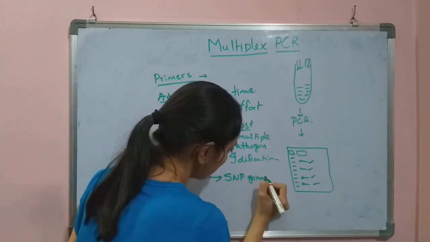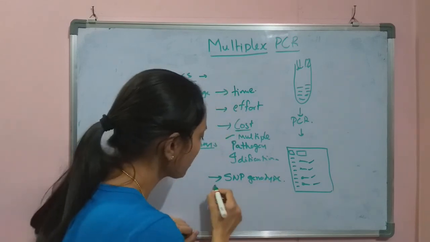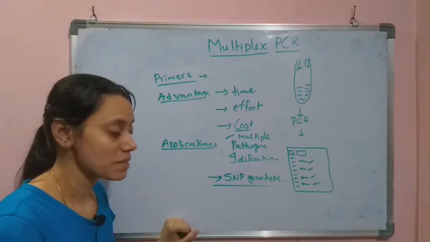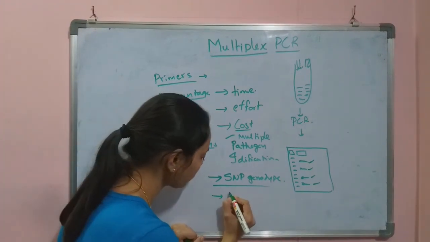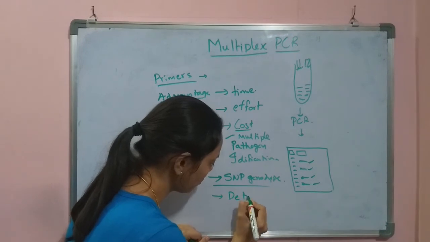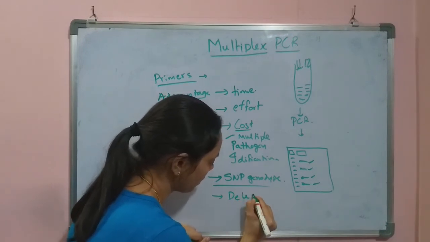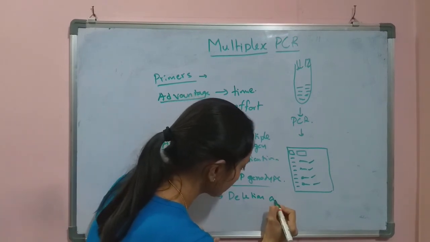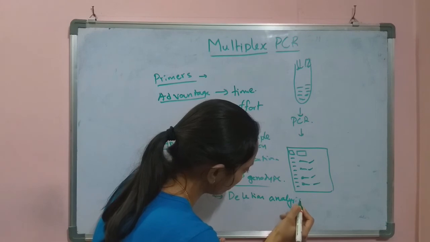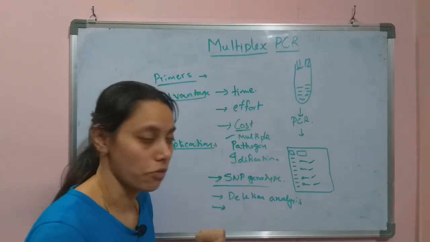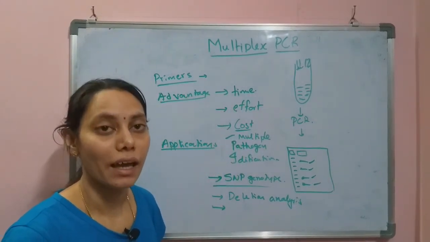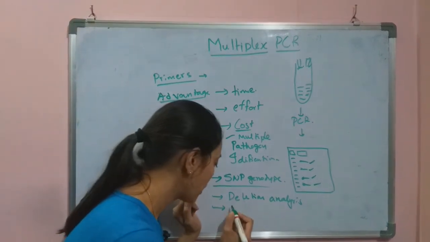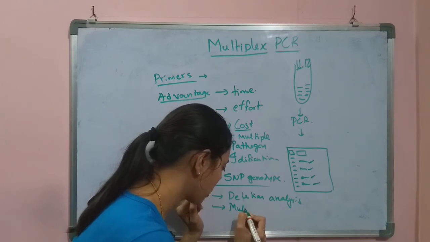SNP genotyping. High throughput SNP genotyping can be carried out using multiplex PCR. And also deletion analysis. In different samples or different sequences, the deletions can be identified. Likewise, mutations can also be detected.